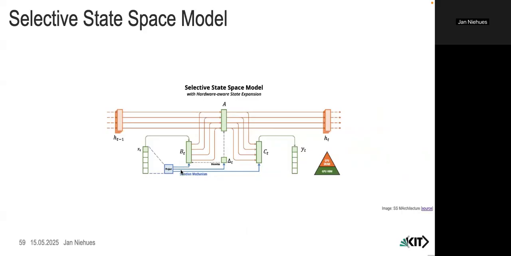Again, you're trying to optimize your calculations, and that's also why you take these parameterizations, so that the BTs, for example, can be calculated directly and you don't need to store everything in memory.